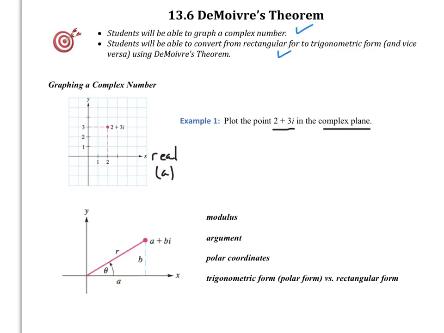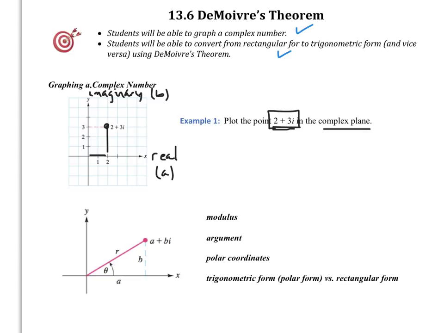And then the y-axis is known as your imaginary axis, and that is your b part. So in our case, if we have 2 plus 3i, I go across 2 on the real axis, and then I go up 3 on the y, and I get to the point 2 plus 3i.